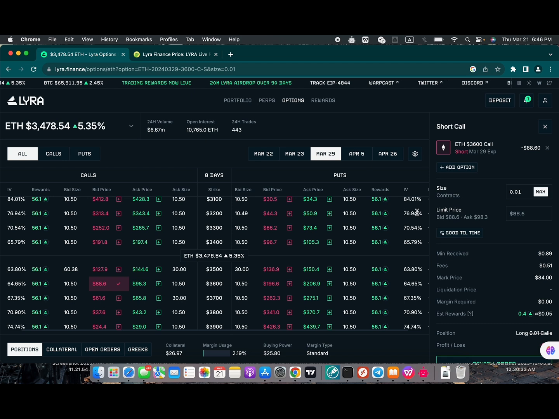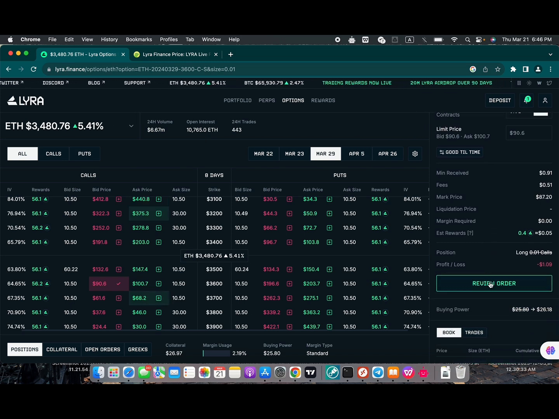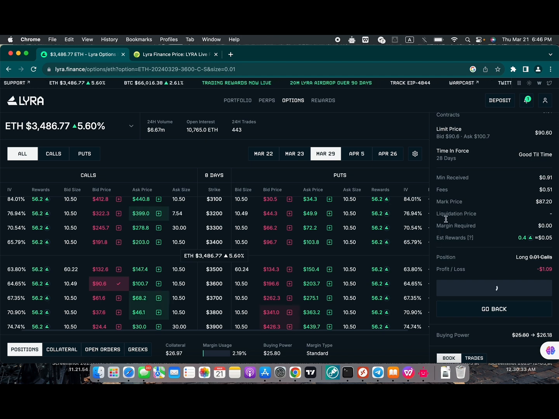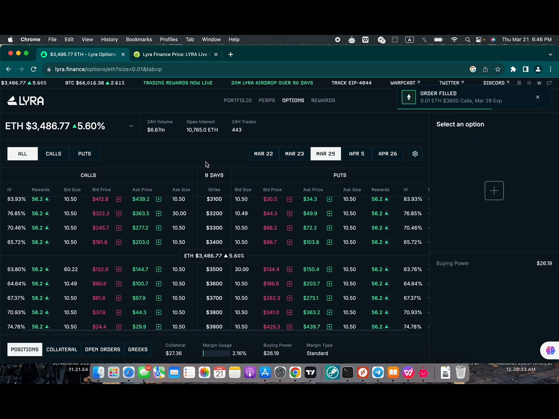Let's say you have a call option opened and you take another short option, it takes automatically from what you opened before. I don't know how that works, but I saw it when I was practicing. That's something you should take note of. So submit that order and we'll try the bullish call spread.